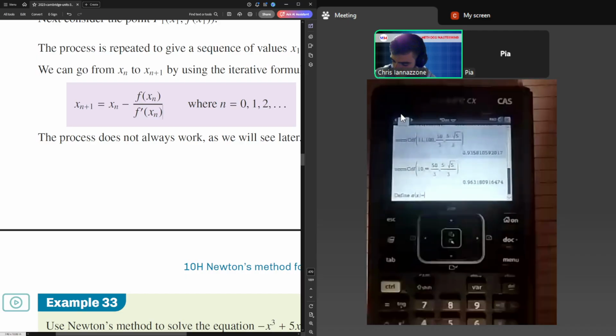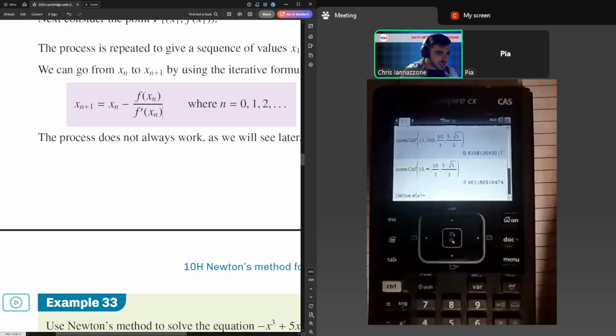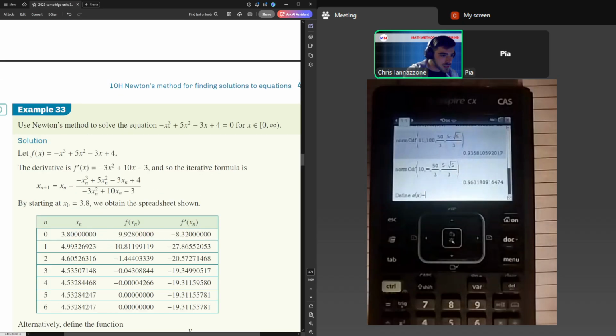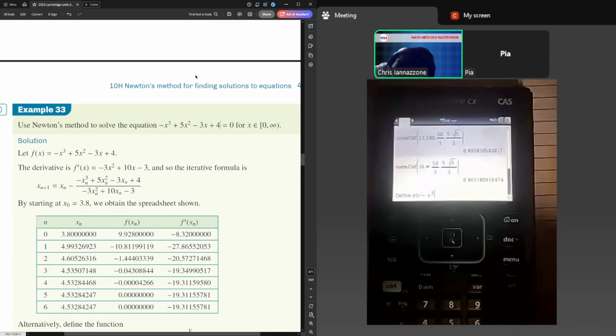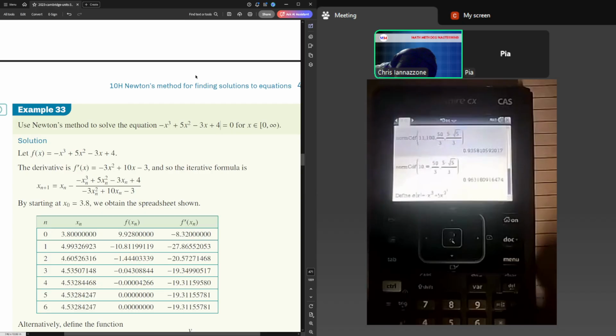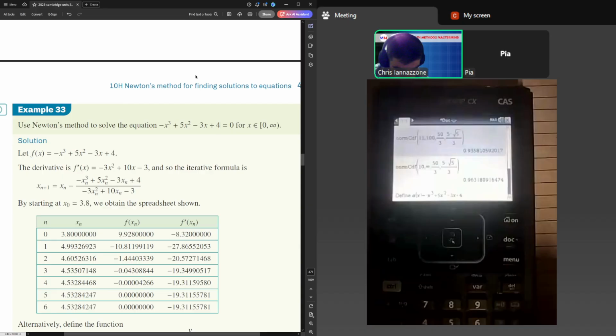So I like to define it as a of x, b of x, c of x, essentially. So a of x is going to be the function that we care about. If we use example 33 as an example, our f of x is going to be that negative cubic. So we'll define negative x power 3 plus 5x squared minus 3x plus 4 as our function.